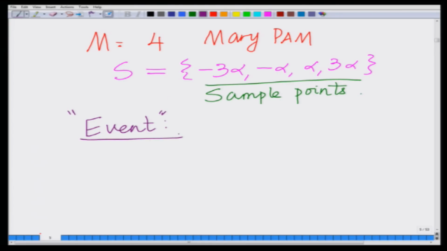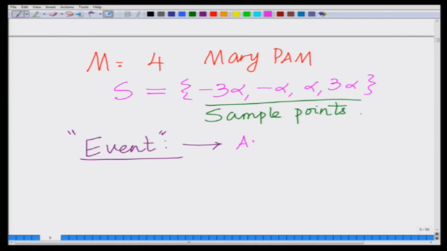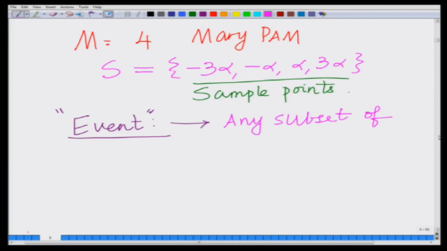An event is any subset of S. For example, consider the set A equal to minus 3 alpha, comma alpha.